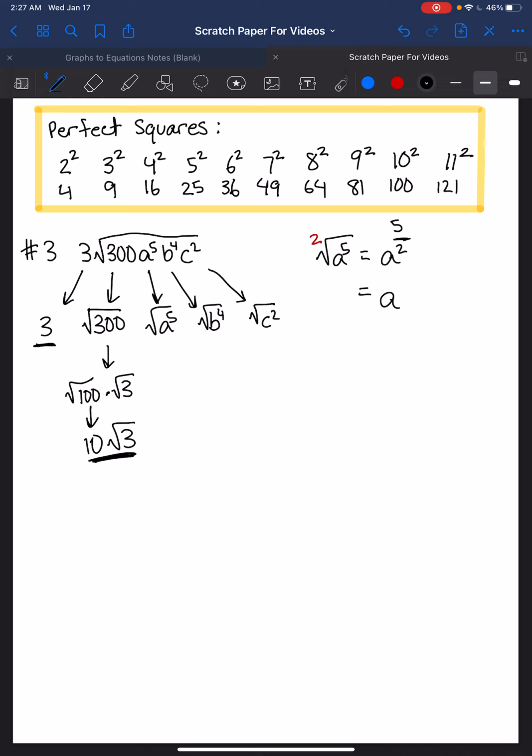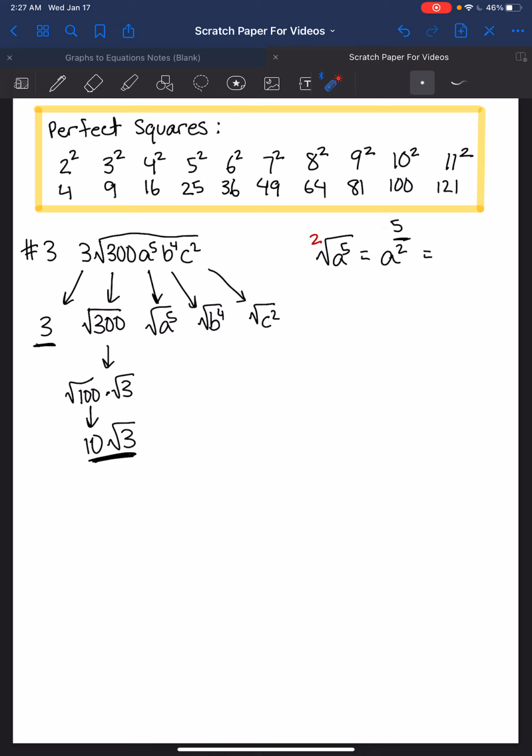I'm going to backtrack a little bit. Now, I don't want to write this exactly the same as the others. It's easier if we just think about the 5 over 2 by itself. So we think of how many times 2 can go into 5. 2 can go into 5 2 times. 2 times 2 is 4.